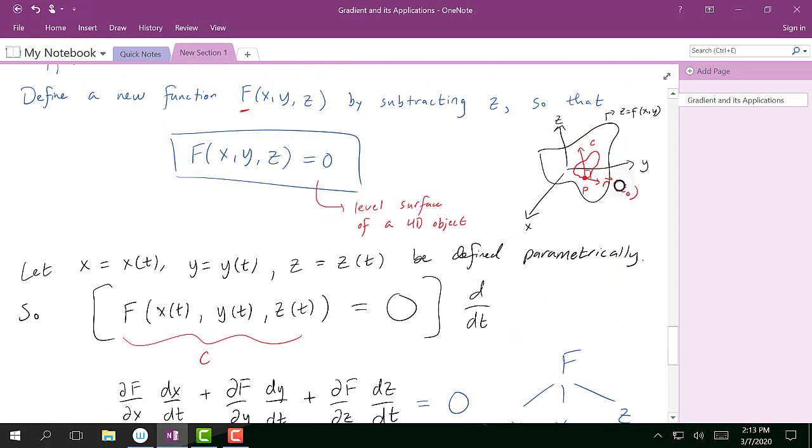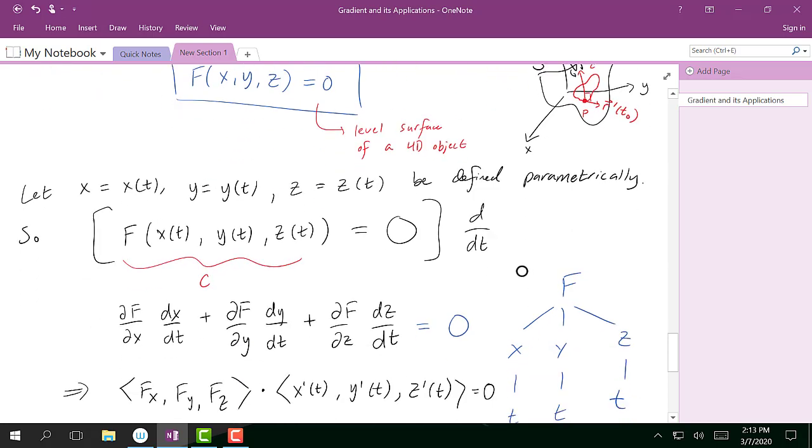This is going to be my surface S, the function z equals f of x, y. And so we have this little red curve on it, C. And at a point we have this tangent vector. And so the normal to the surface F is going to be the gradient of F. That's this guy right here.